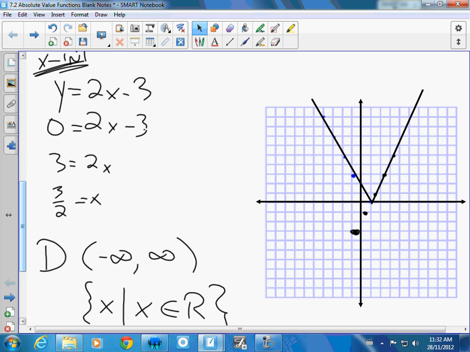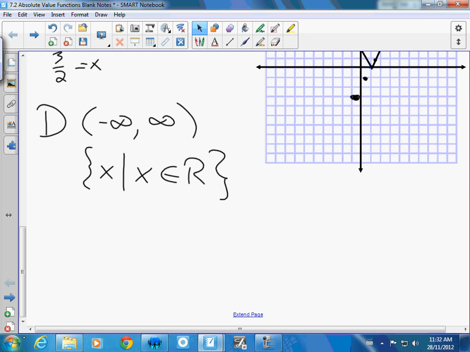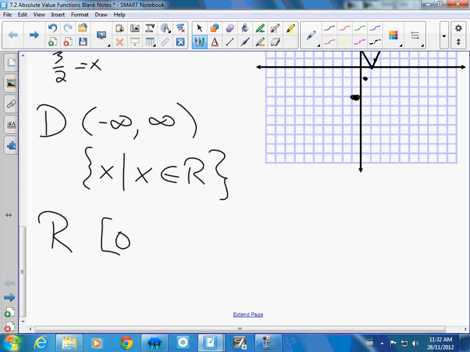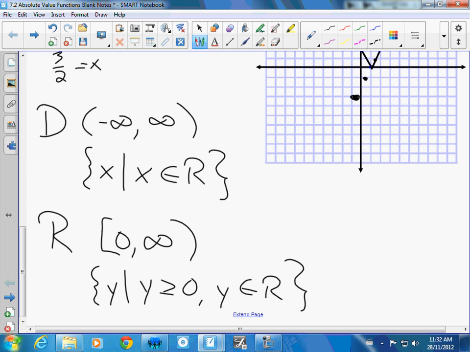So range in this case is, square bracket for 0 because it includes that point, 0 to positive infinity. The other way of writing it is y is greater than or equal to 0, and y is an element of R, all real numbers.